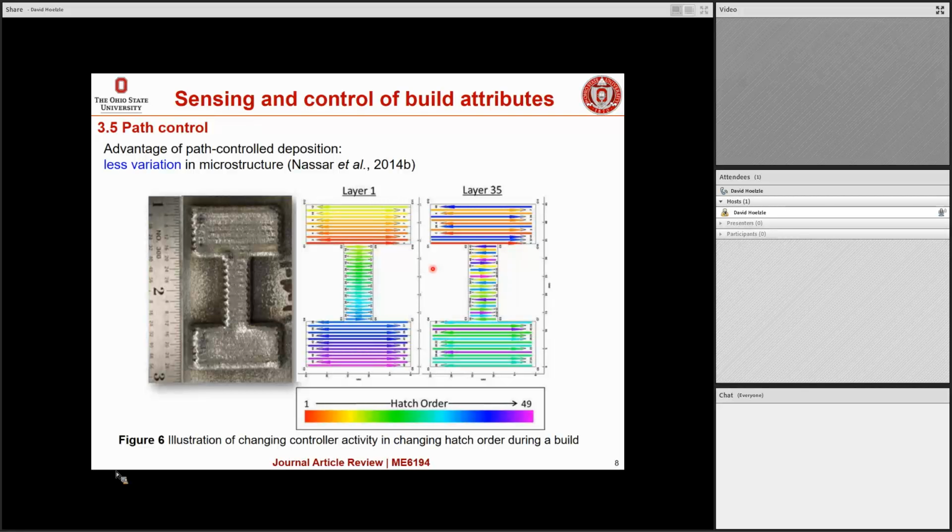After all the acceptable hatches are processed, the hatches that were previously skipped will be processed. So this could give less microstructure variation. That's all of my presentation. Questions?